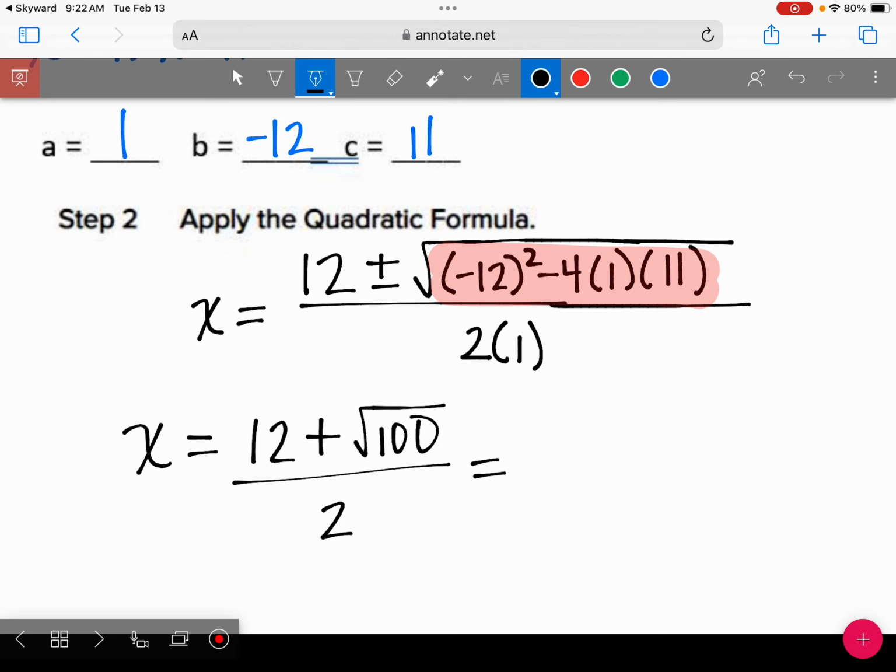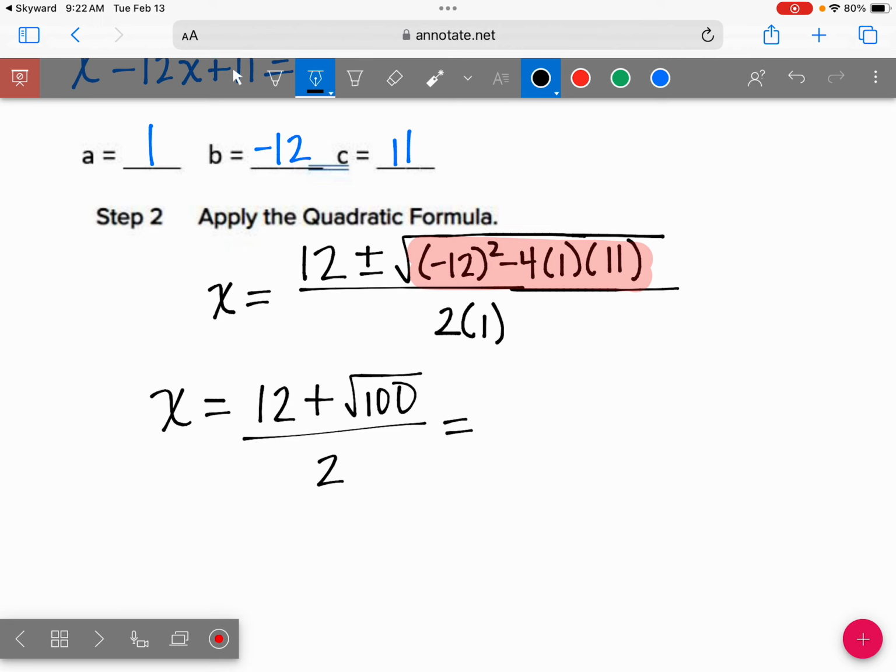I'm looking for a number. So put 12 plus the square root of 100 divided by 2. That's your first answer. And your second answer is 12 minus the square root of 100 divided by 2. I'm looking for 2 answers.